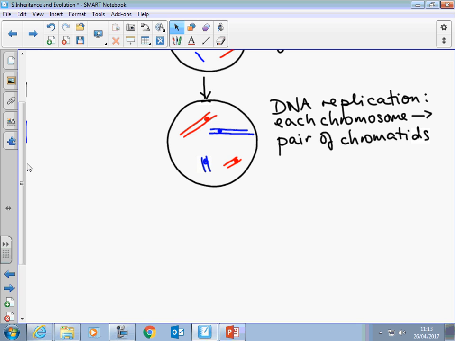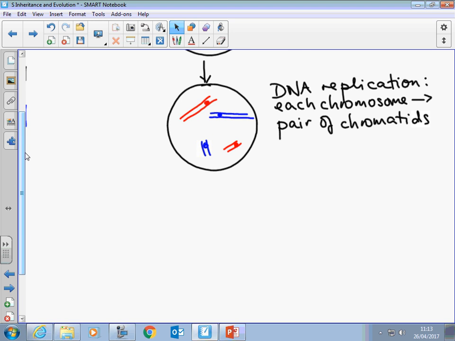And you could have one that's red with 3 bits of blue and a blue one with 3 bits of red. You've got different combinations in all of them. This process I'm not going to try and draw here because it'll just get messy. Same with all the other pairs. So these form bivalents, and they exchange parts with each other.